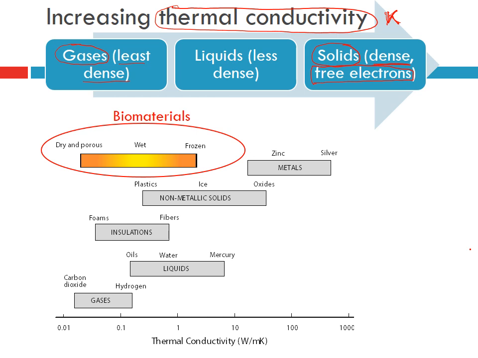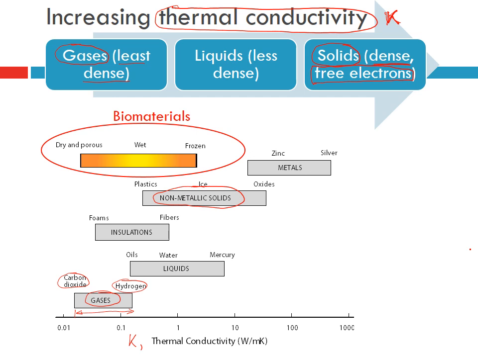So let's look at some real data. So gases, for example, carbon dioxide to hydrogen, they are in the lowest range, the lowest values of thermal conductivity. So this is my K, and here are the gases. And the solids are on the higher side.